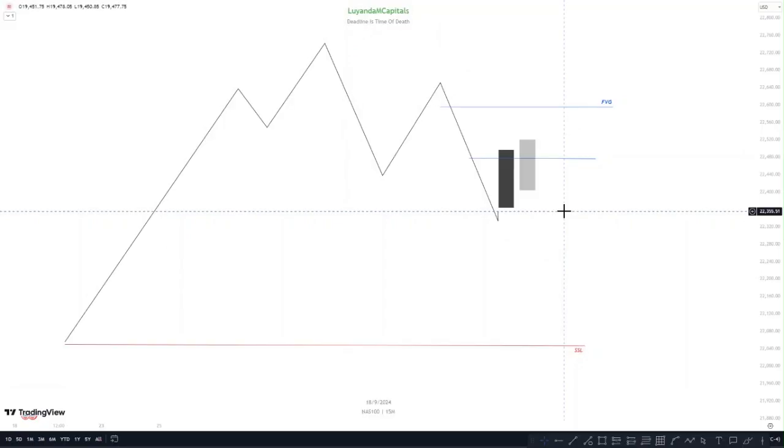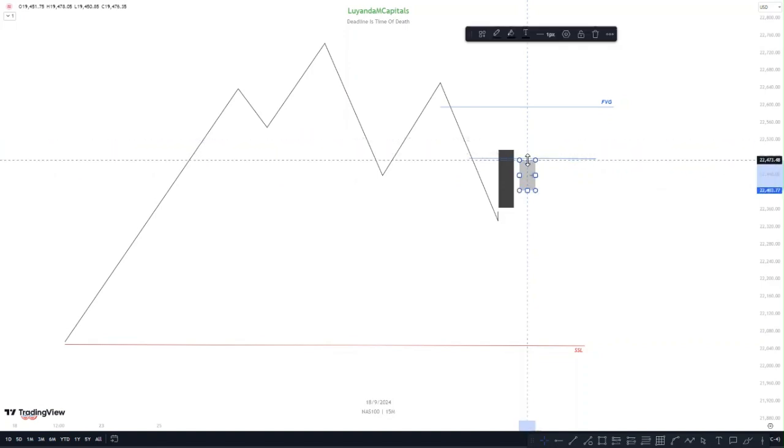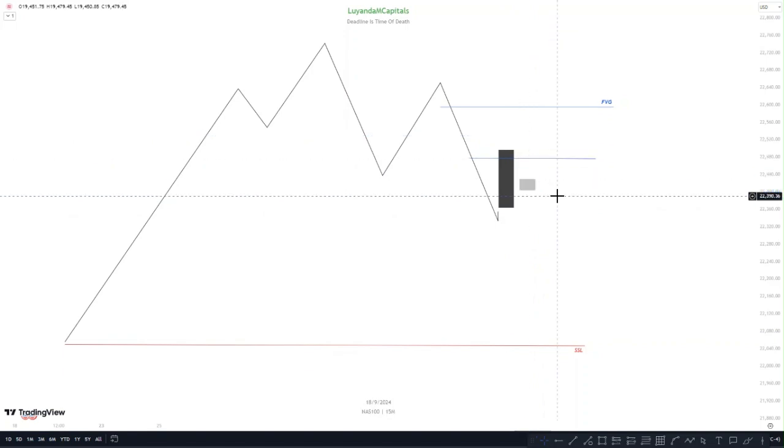So let me show you how waiting for a closure can help you. So now let's say this is a 9 a.m. candle. It's still forming, right? Price is still live, still forming. Now this is a 1 hour candle inside the 1 hour fair value gap. Price takes out the high of this candle. It is bullish now, and then goes lower again, right? In this scenario it could be something like this.